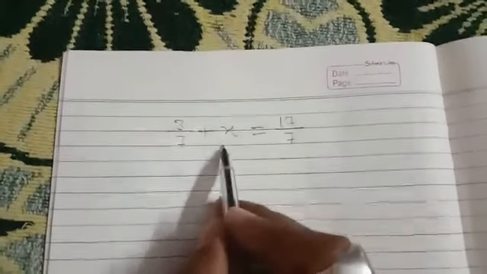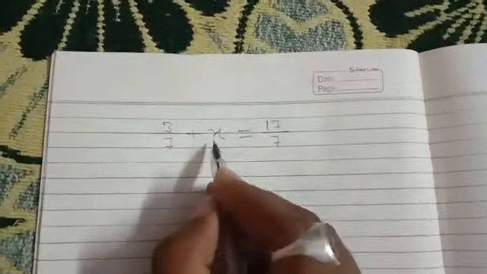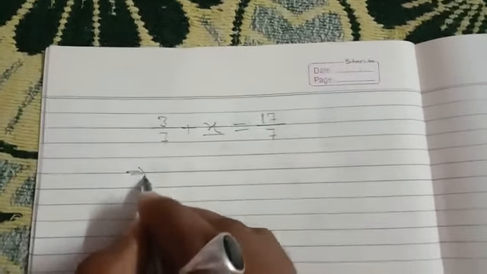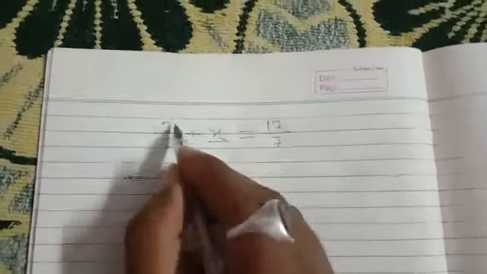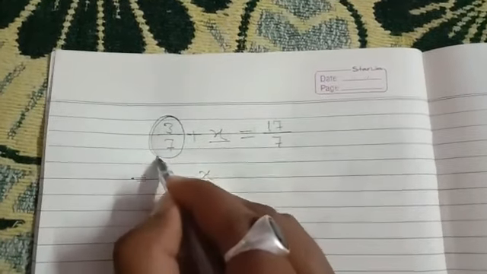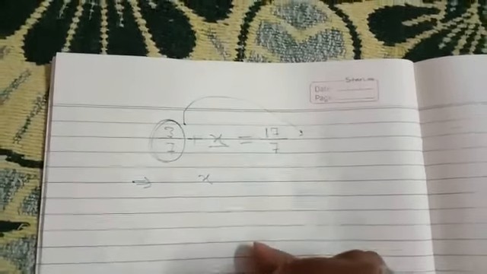Now take another example. 3/7 plus x is equal to 17/7. Again we have to find out the value of x. x will remain on the left hand side. This 3/7 will be shifted to the right hand side.